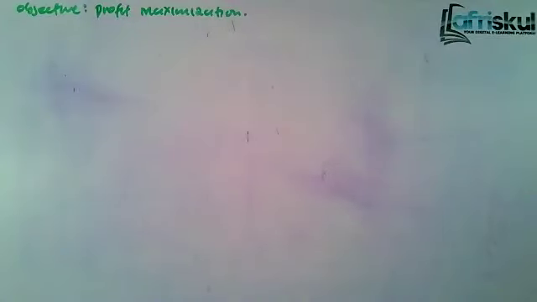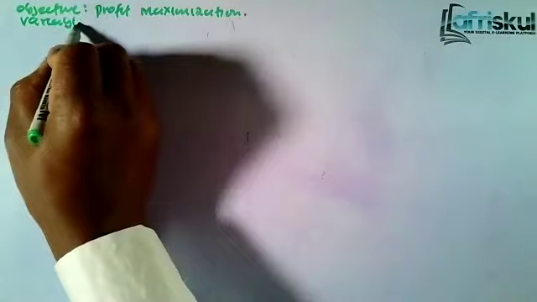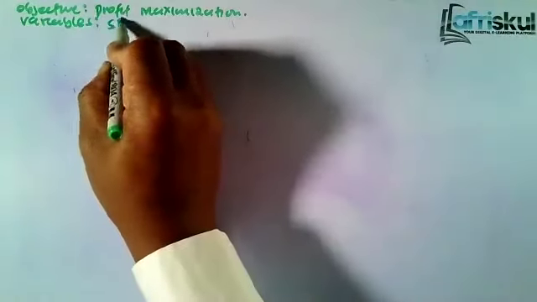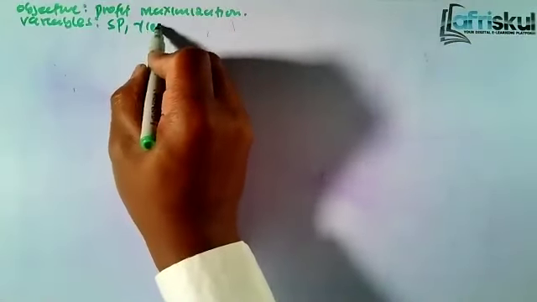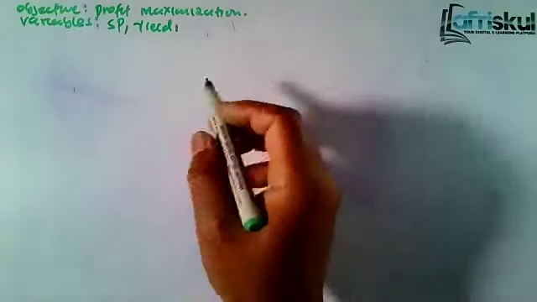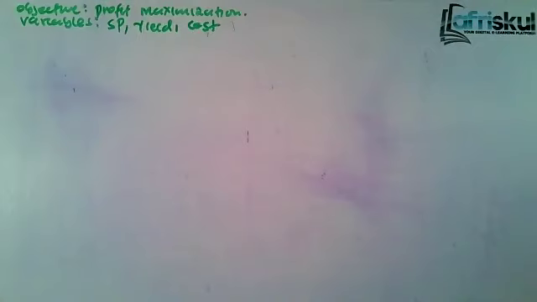The objective is to maximize profit. Step number 2, we identify the input variables, and there we are given 3 variables. One is the selling price, then you are given yield. Yield is the same as volume, and then you are given the cost per acre. Those are the 3 variables.